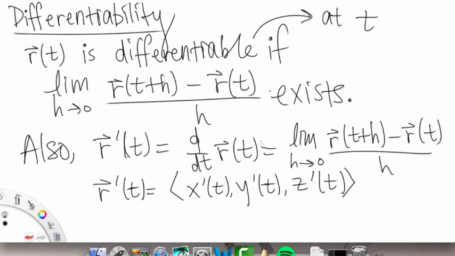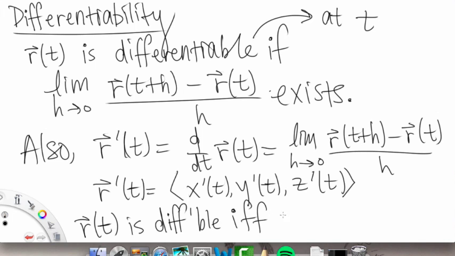Basically what this is saying is that r of t, our original vector-valued function, is differentiable if and only if its component functions are. By components, I just mean the x of t, the y of t, and the z of t.